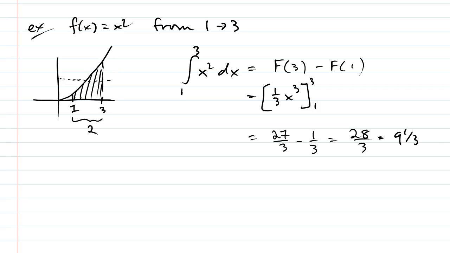But if you were to think about flattening this out so that it was a rectangle of the same width, the average value would be the height here. So you take 28 thirds and you divide by the width of the box, which is 3 minus 1, or 2.